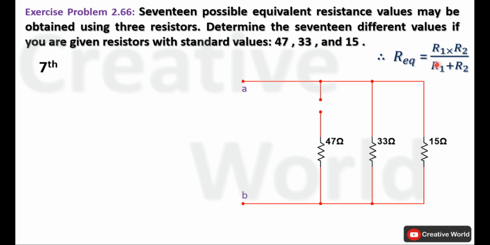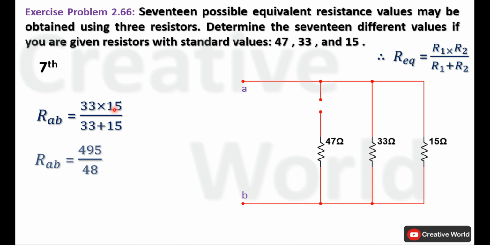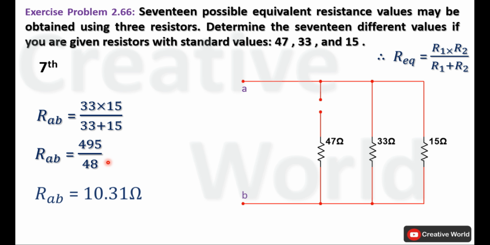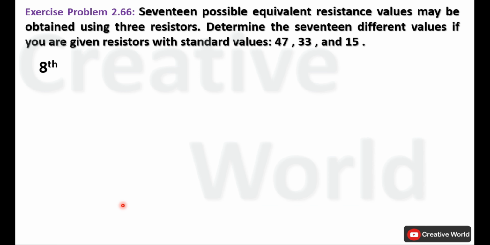In this case, R1 will be 33 ohm and R2 will be 15 ohm. Place values inside the formula. The product of 33 and 15 will become 495 and the sum of 33 and 15 will become 48. 495 divided by 48 will be equal to RAB, and this is 10.31 ohm. Move to the next configuration.